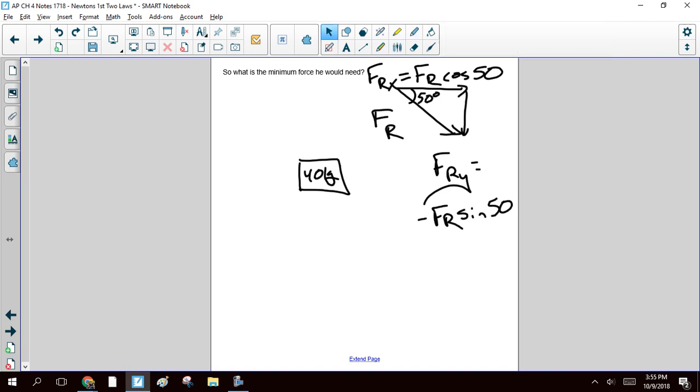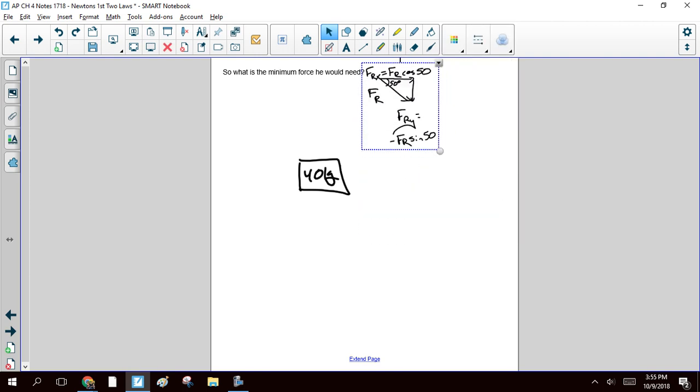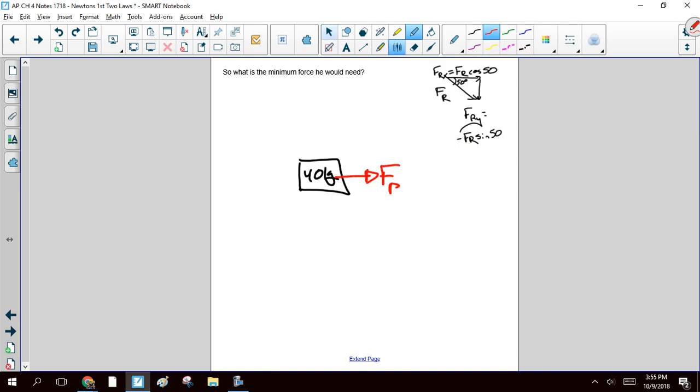Okay, so that is going to be very helpful because now I'm going to go over here and put it on my drawing. So here's what we know. We know that Roy's horizontal force that's going to try to get this thing moving is Roy's force times the cosine of 50, which is 0.643 times the force of Roy.